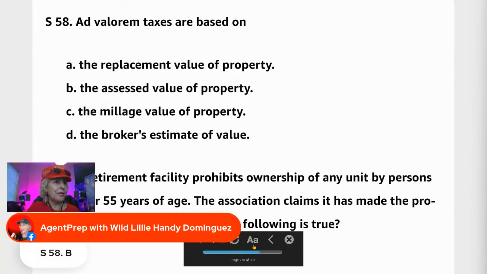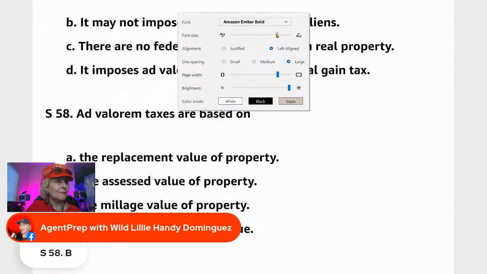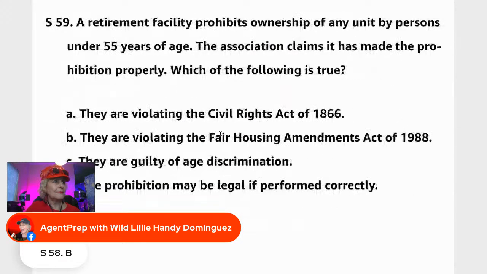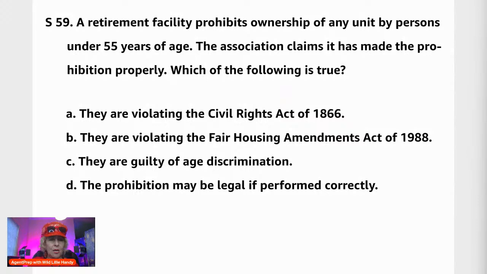All right, number 59. Moving right along. A retirement facility prohibits ownership of any unit by persons under the age of 55. The association claims it has made the prohibition properly. Which of the following is true?